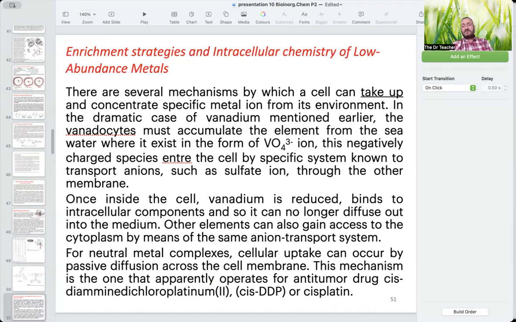For neutral metal complexes, cellular uptake can occur by passive diffusion across the cell membrane. This mechanism is the one that apparently operates for the anti-tumor drug cis-diamminedichloroplatinum 2. We call it cis-DDP or cisplatin.